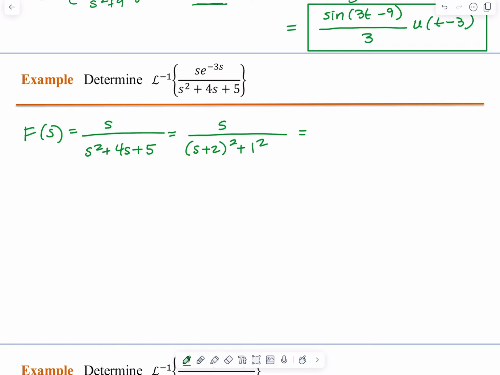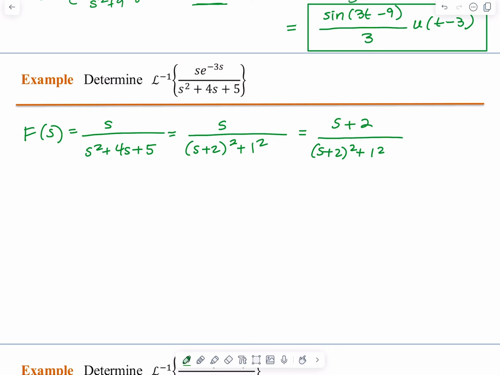And now let's do a little bit of algebra so that we can use what's in the second column of our Laplace transform table. So here we will have s plus 2 squared plus 1 squared again.